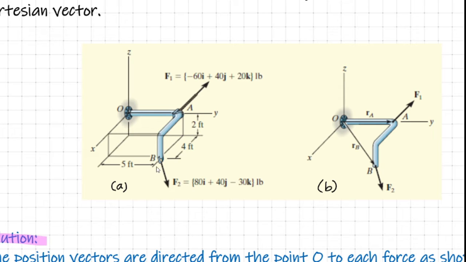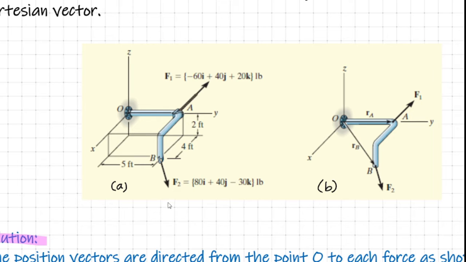So we can straight away use them in our computations. For the computation of the moment of the force F1, we require a position vector which is directed from point O to any point on the line of action of the force F1. Here A, as shown in the sketch, is already a point on the line of action of F1. So we can directly use OA as the position vector for the moment produced by F1.